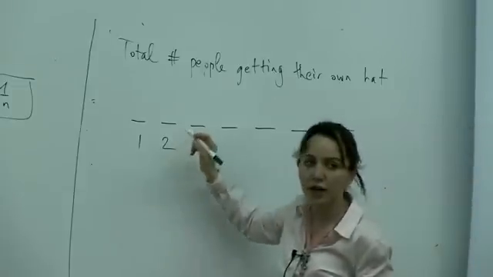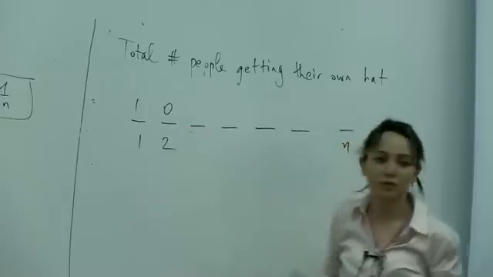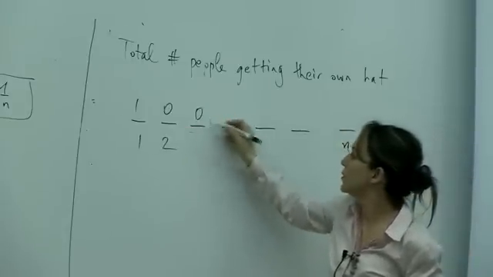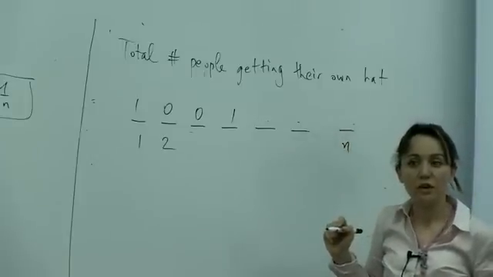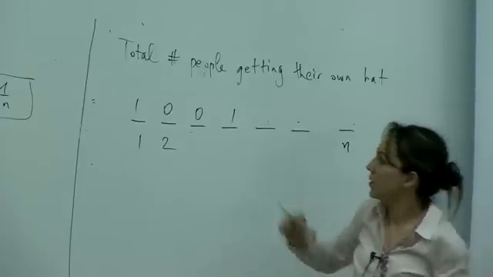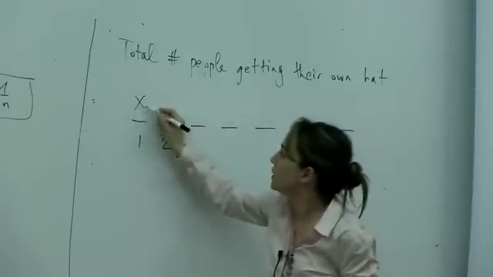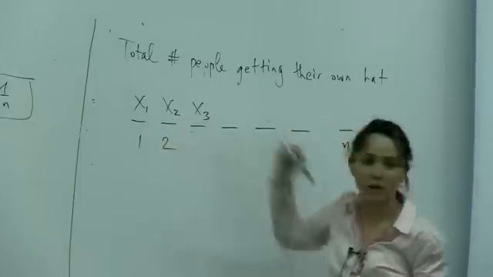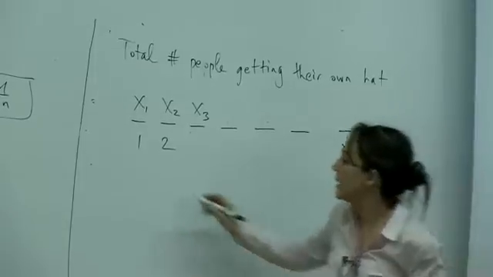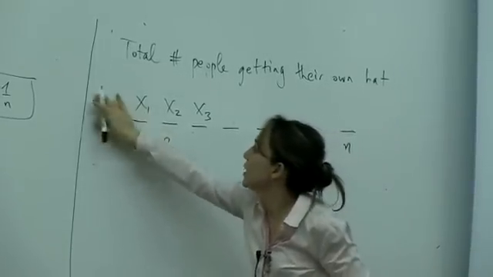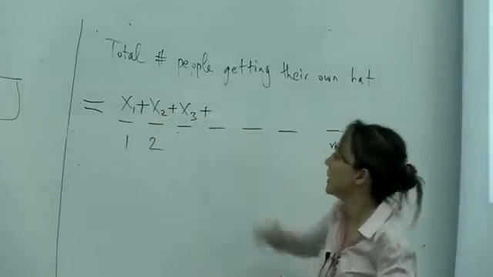If person 1 gets their own hat, put a 1. If person 2 didn't get their own hat, put a 0, 0, 1, etc. In other words, instead of the 0s and 1s, we could have placed X1, X2, X3, because they indicate whether or not person i got their own hat. And do you agree that the total number of people who get their own hat back is the sum of these Xi's?